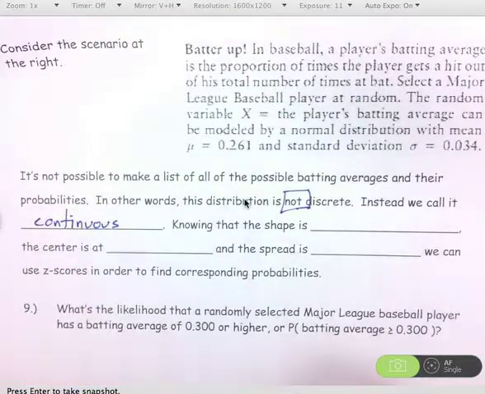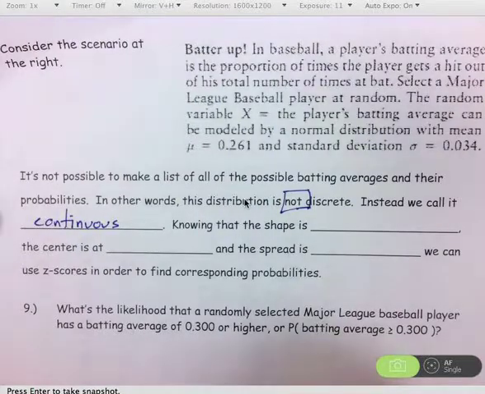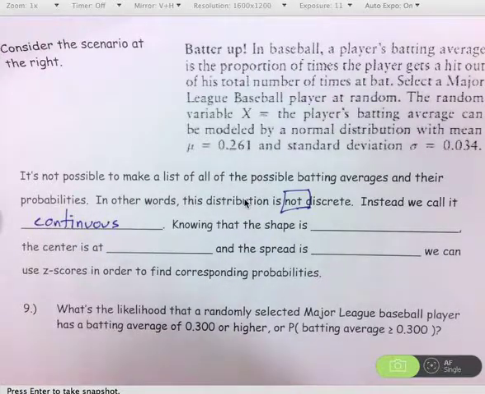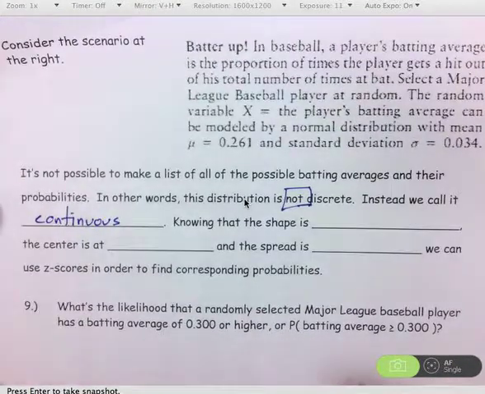And the reason we call it continuous is because the shape of this distribution can be modeled by using a curve that is continuous. It doesn't have any breaks or gaps or jumps in it anywhere. We'll show you that in a second when I show you how I want you to demonstrate your work.